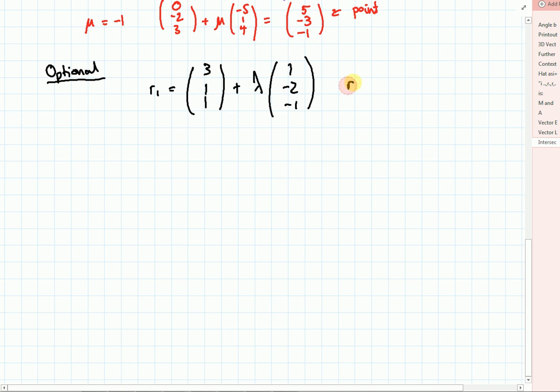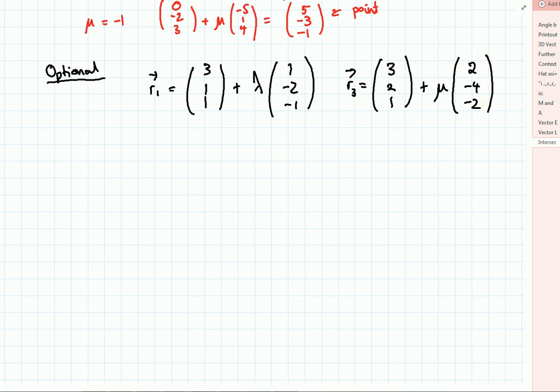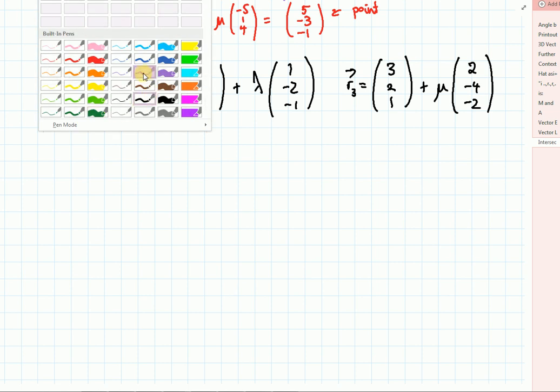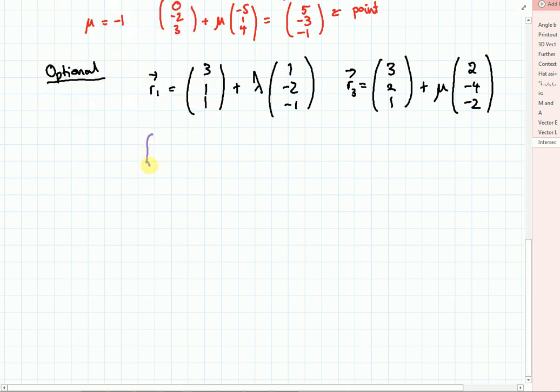And my second equation this time, or my third equation I'll say, R3, is (3, 2, 1) plus lambda, or mu in this case, of (2, -4, -2). So let's see what happens when we try and make these two equations solve. We get our set of equations, all three of them.